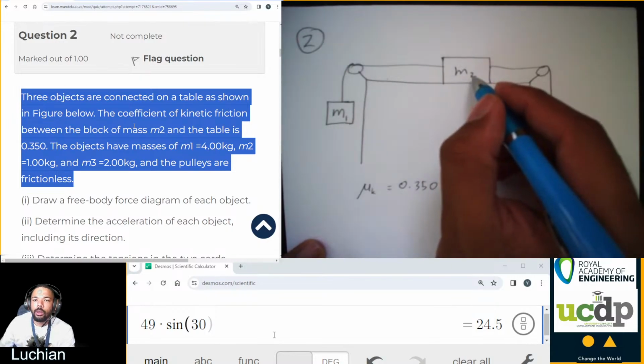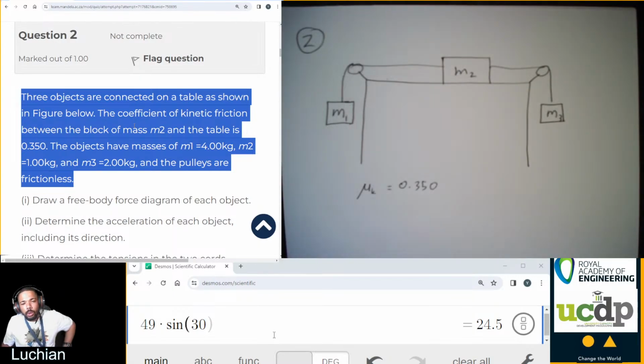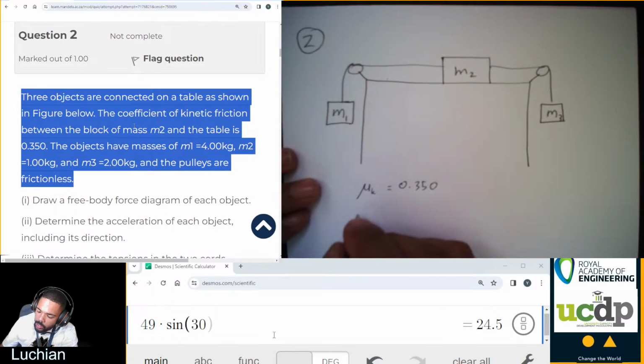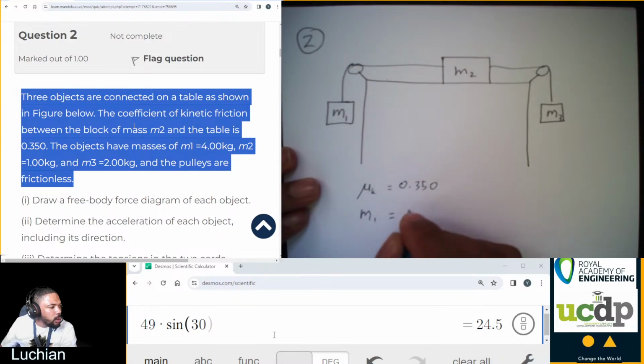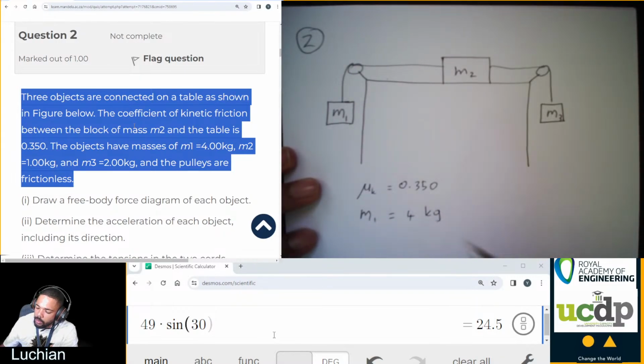Now the objects have masses: M1 is 4 kilograms, M2 is equal to 1 kilogram, and M3 is equal to 2 kilograms.